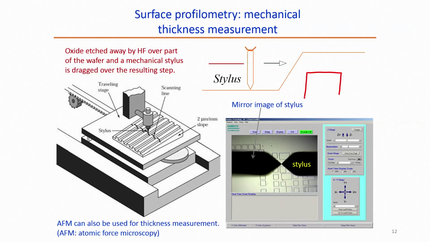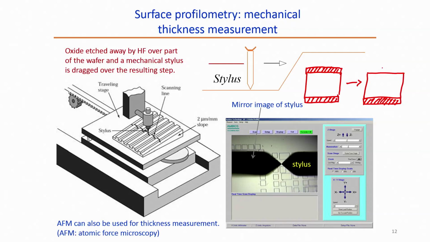Let us say this is a wafer and we have oxide. Before we use the stylus, we have to create a step in the oxide using photolithography.